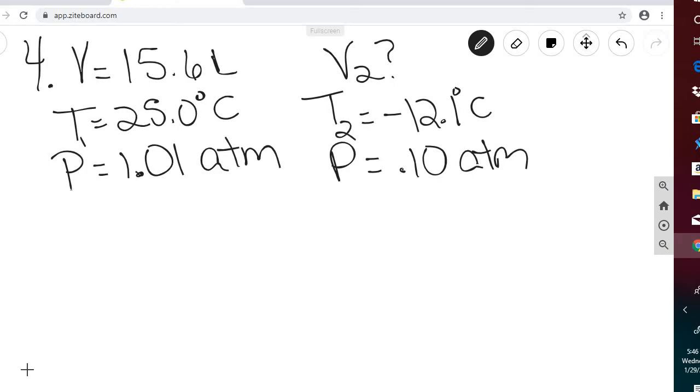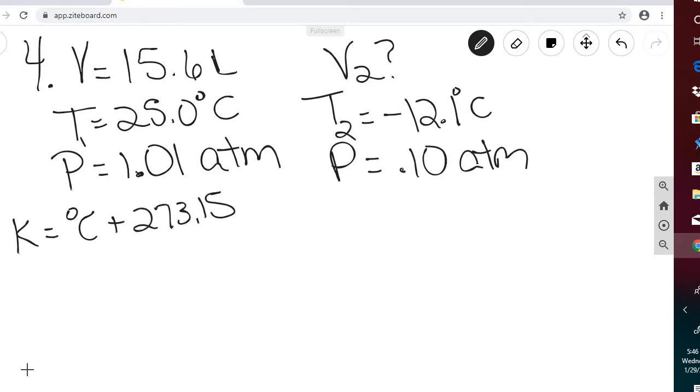Okay. So a couple of things here. Volume and pressure can be in any unit, so we'll just keep those in the units that they are in. You could change them to something else, but you don't need to. However, temperature needs to be in Kelvin. So Kelvin is degrees C plus 273.15.